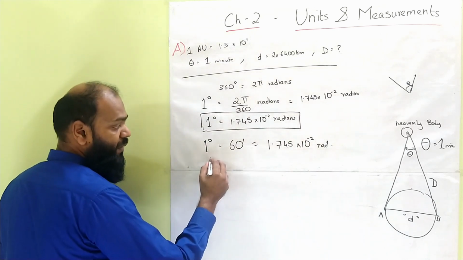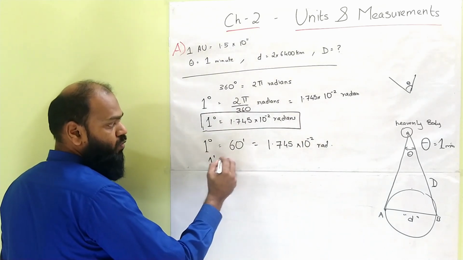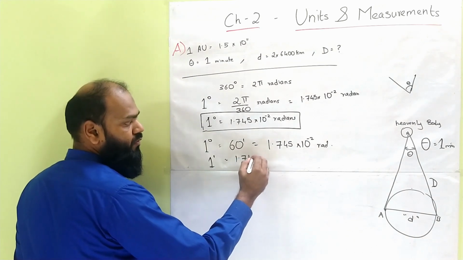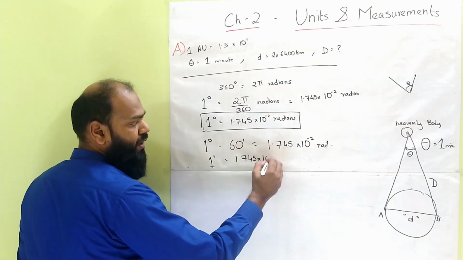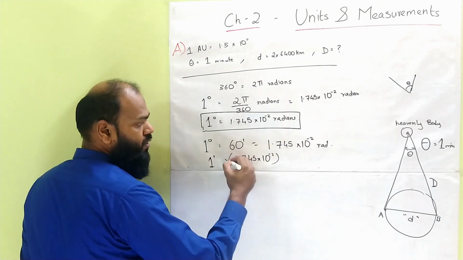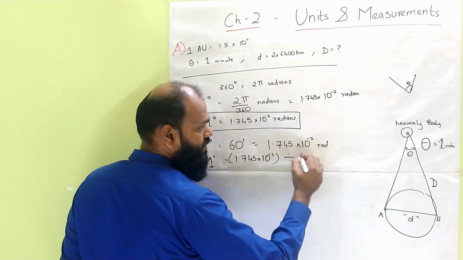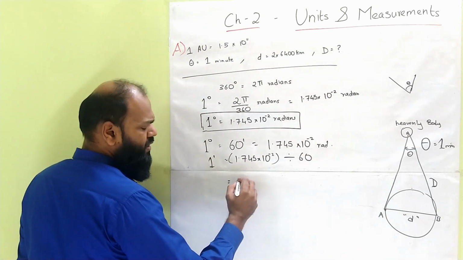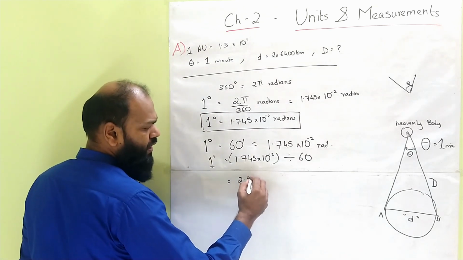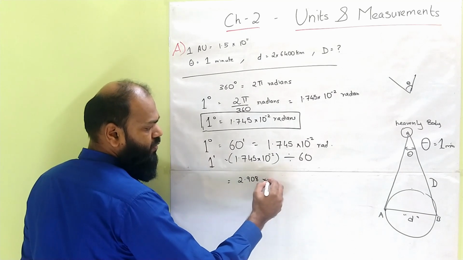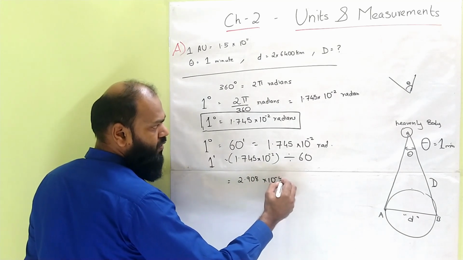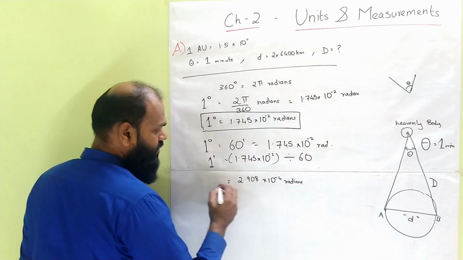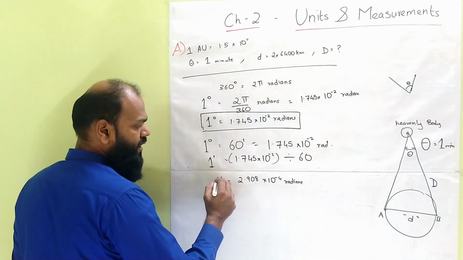Therefore, 1 minute equals 1.745 × 10^-2, the whole thing divided by 60, which is approximately 2.908 × 10^-4 radians. This is 1 minute.